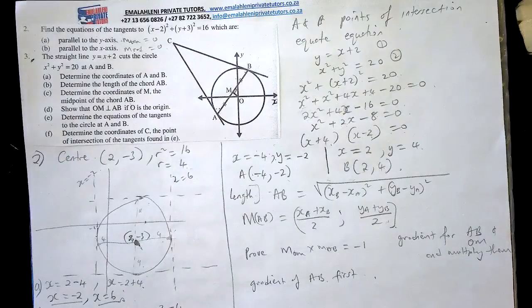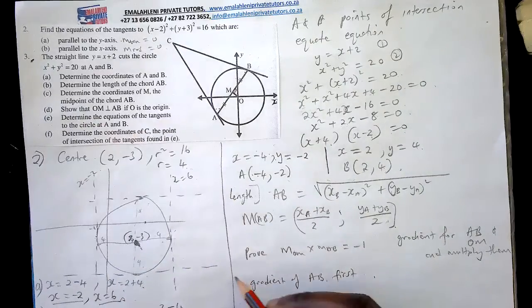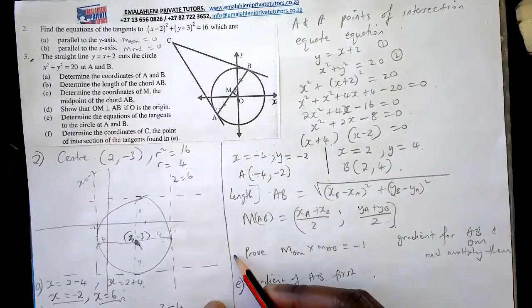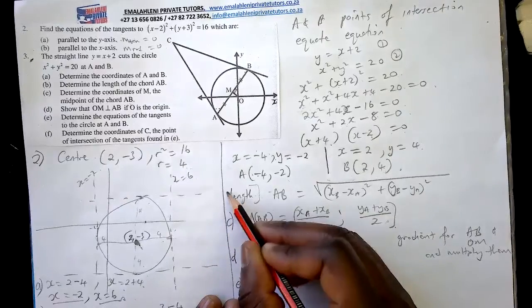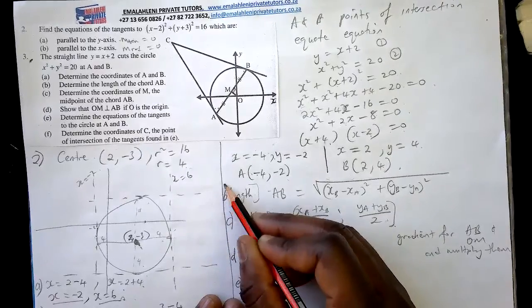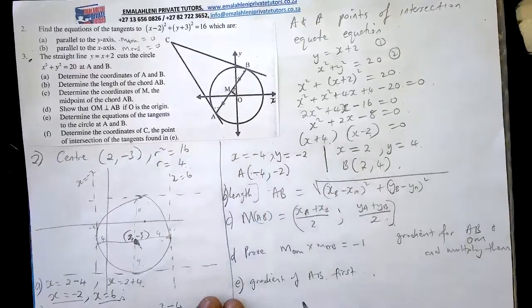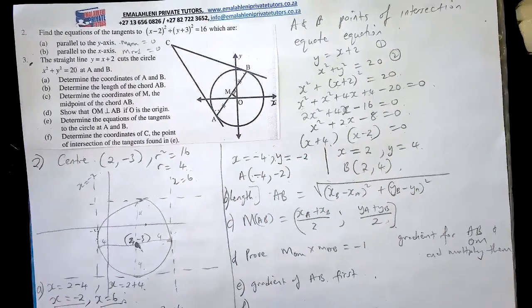Determine the coordinates of C, the point of intersection of the tangents. Now, once we have this, this is E, this was D. Okay, this was C, this was B, and we just got A here. Now, what about F? What do you do here?